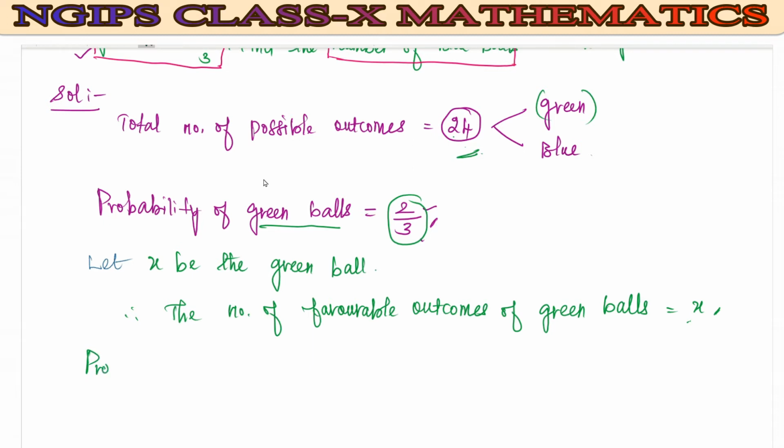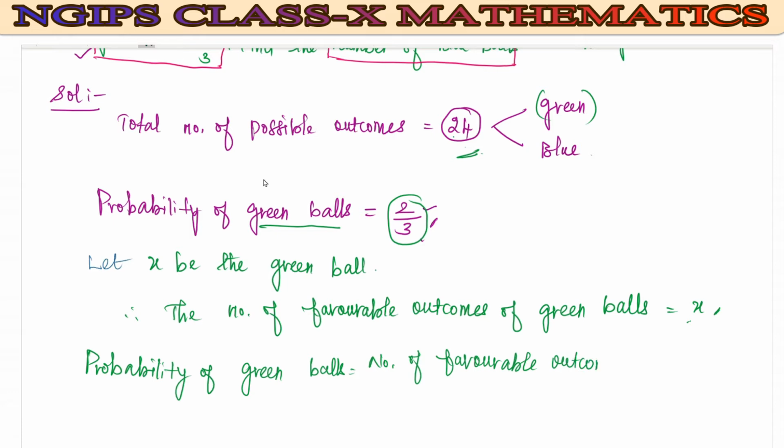The probability of green balls is equal to the number of favorable outcomes, here green balls, divided by the total number of possible outcomes.